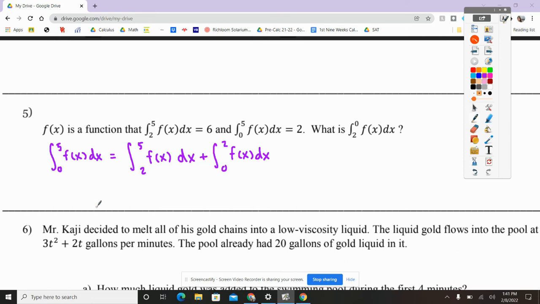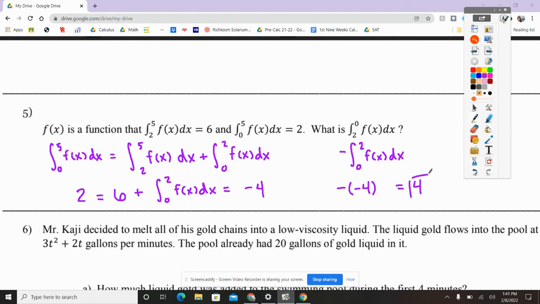So if I know the area from 0 to 5 is 2, from 2 to 5 is 6, I'm just trying to find the area under the curve from 0 to 2. So if I subtract 4 here, you get this is actually equal to negative 4. But that's not what the question is asking. It wants it from 2 to 0, which is equivalent to the negative of 0 to 2. So our answer here is actually negative 4, which would come out to be positive 4.